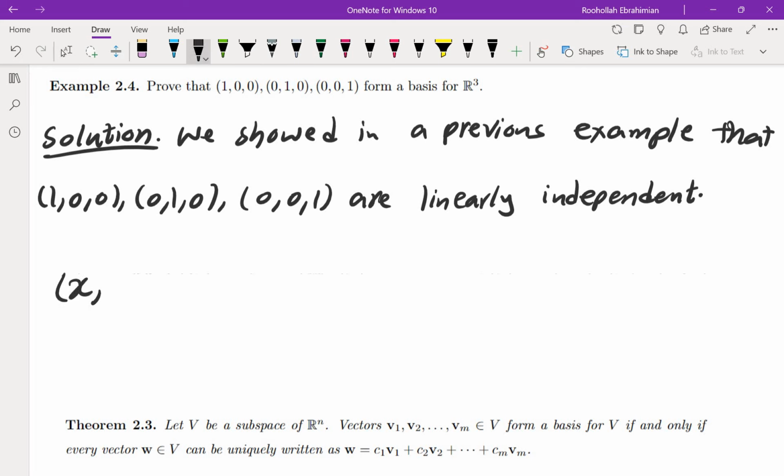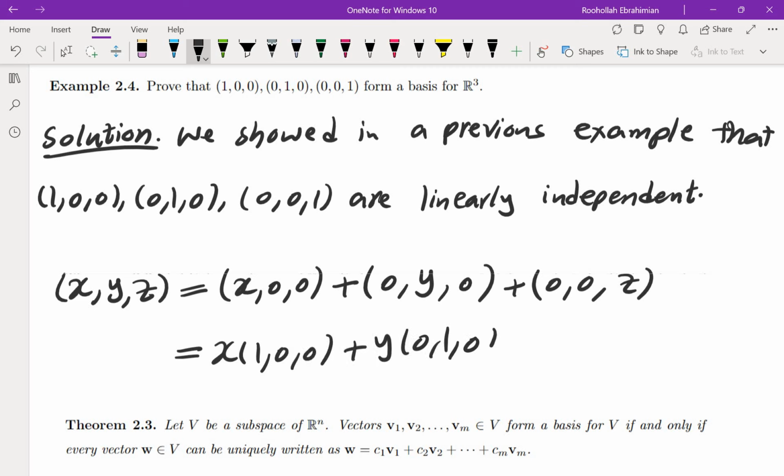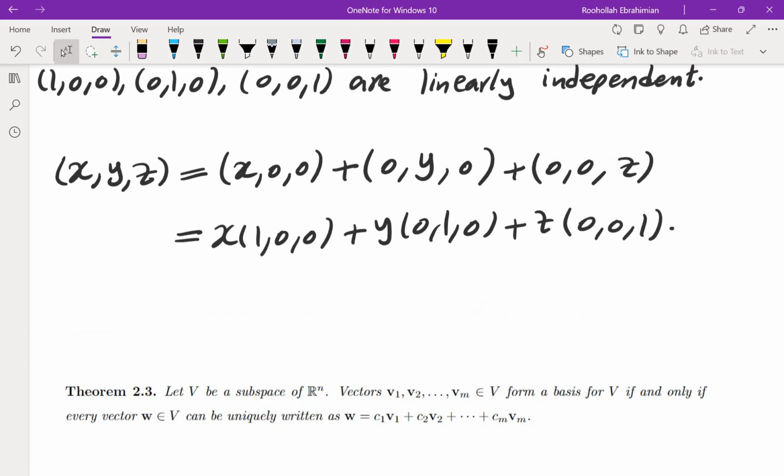So I will take one vector (x, y, z) in R3 and I will have to write it down as a linear combination of these three vectors. So we can separate that into the three components: (x,0,0), (0,y,0), and (0,0,z). Then we can take out the scalars. So we get x times (1,0,0), y times (0,1,0), and then z times (0,0,1). So that means they are spanning.